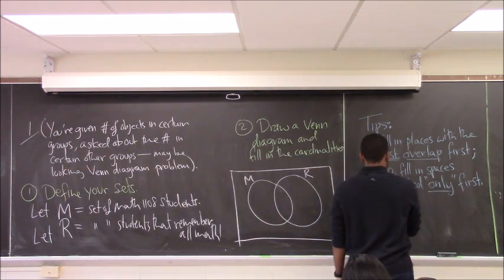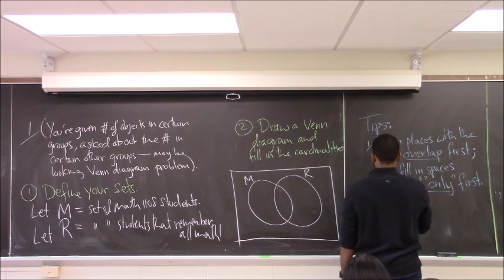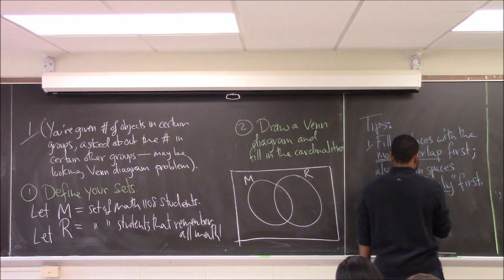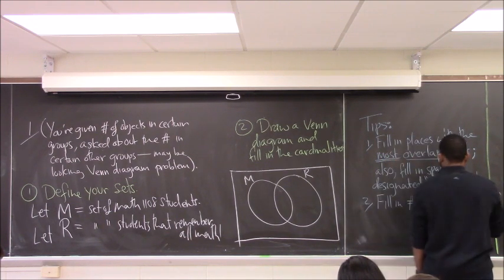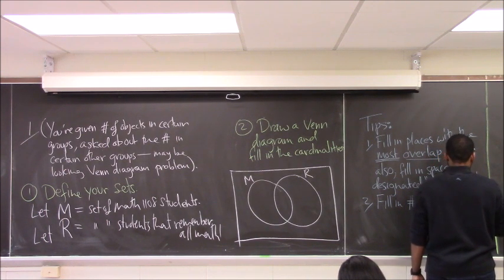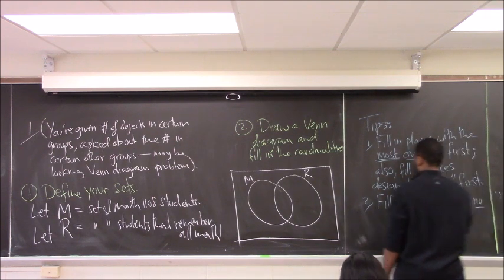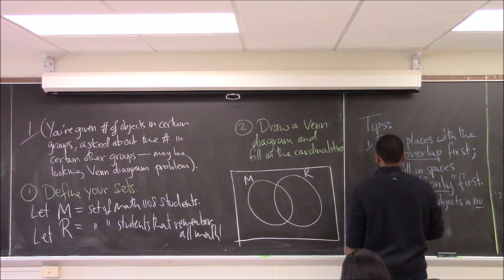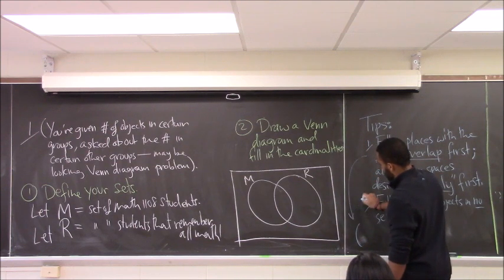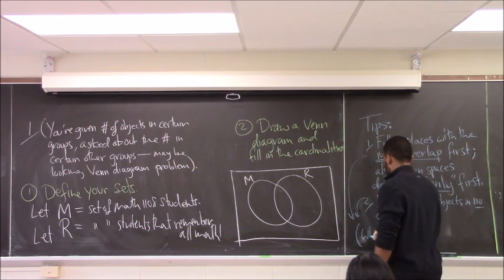Another thing is you might also want to fill in numbers in no sets. And of course, you can do all of this, both this one and that one, whenever possible.